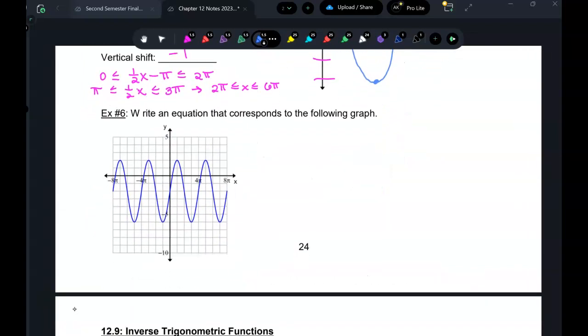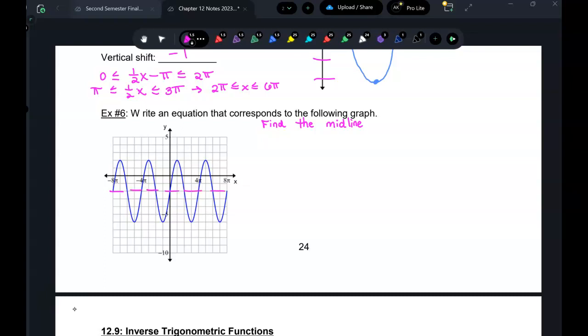Okay, last one. Now we want to write an equation. Let's do the midline first. Where is the midline going to go? -2, right? The maximum is 2 and the minimum is -6, so I'm going to draw a midline at -2.